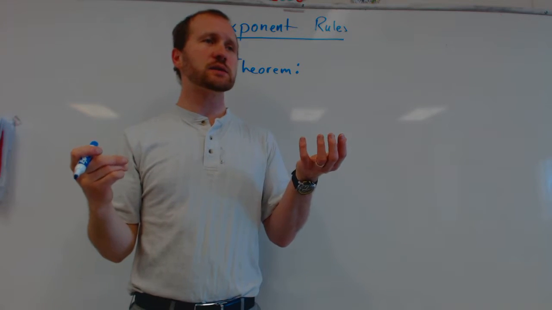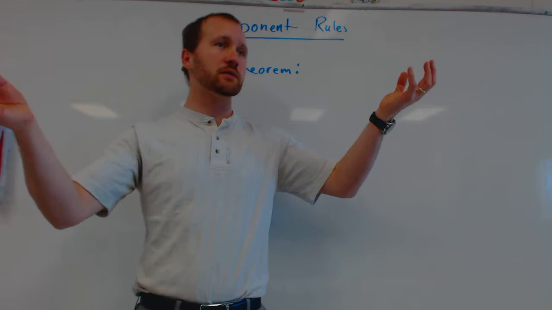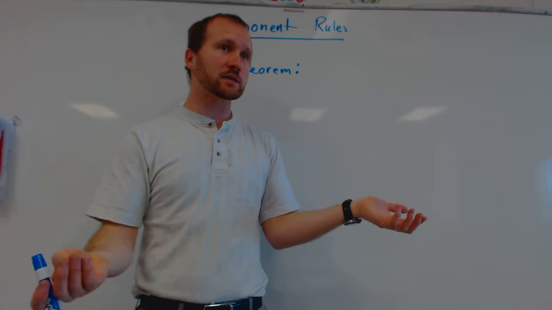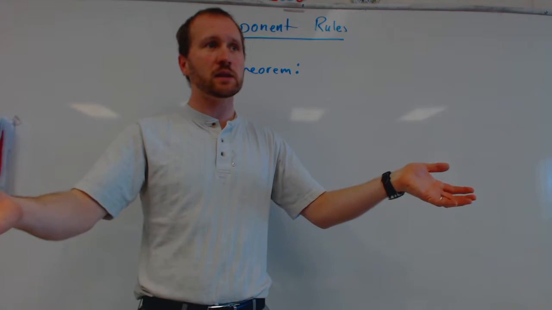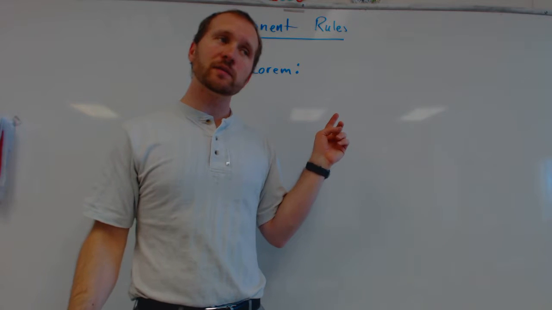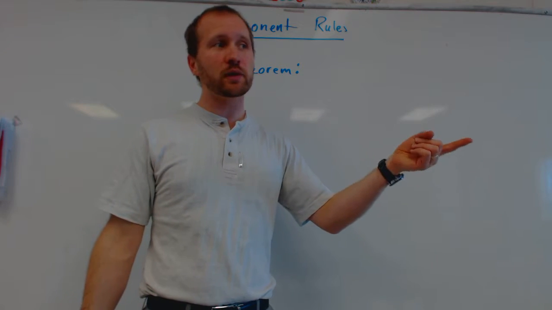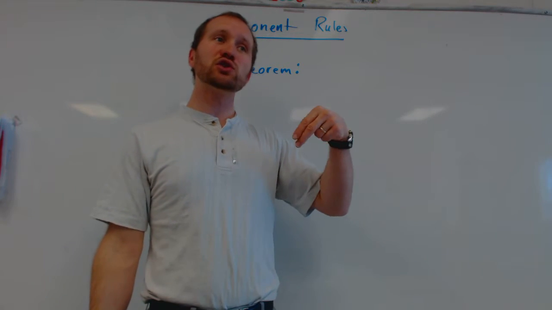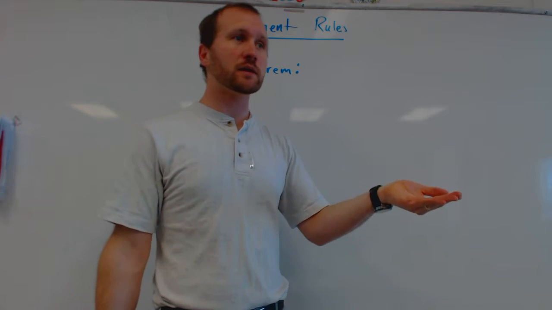So a definition is just something that all mathematicians have kind of decided: this is what an exponent is. This is just what an exponent means. There's not really a proof to that. But a theorem says, well, if this is what an exponent is, then we can show that this rule will also be true. And here's the theorem I want you to prove, or that we're going to prove together.